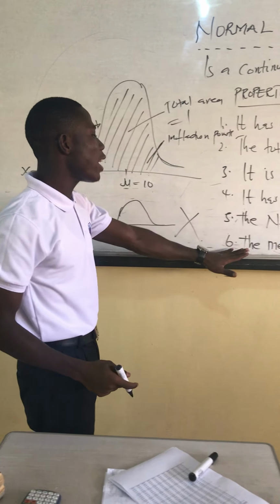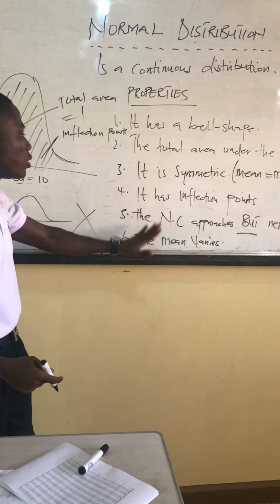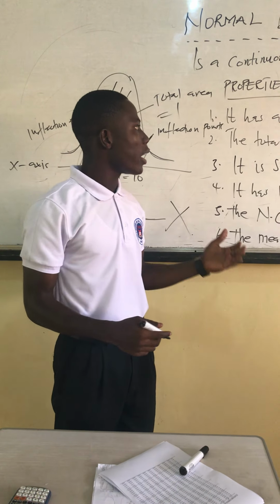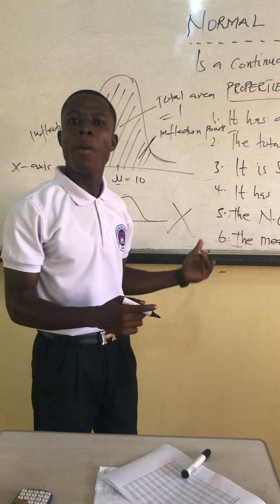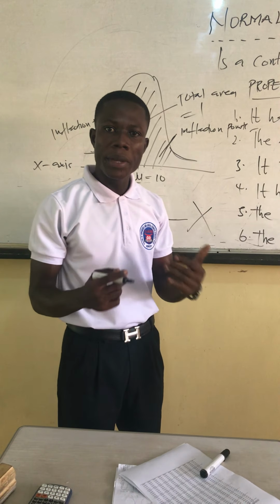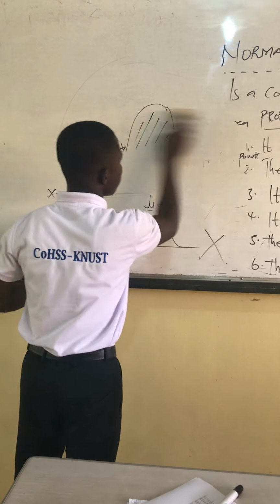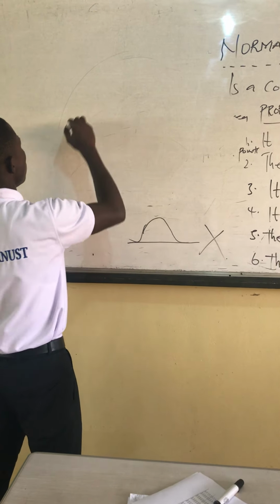Okay, and the last one is that with normal distribution, the mean varies. It means we can have different sets of normal distributions whose mean will vary. So let's say we can have 3 distributions like this.